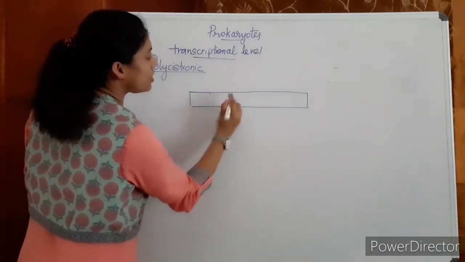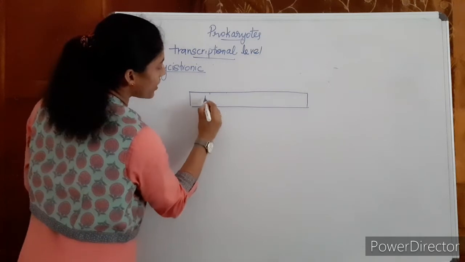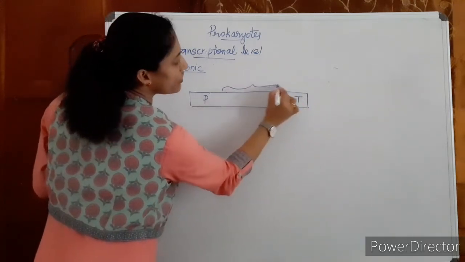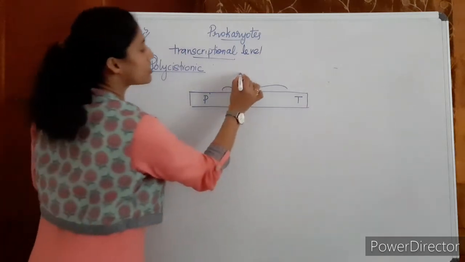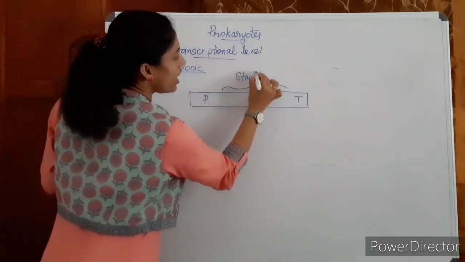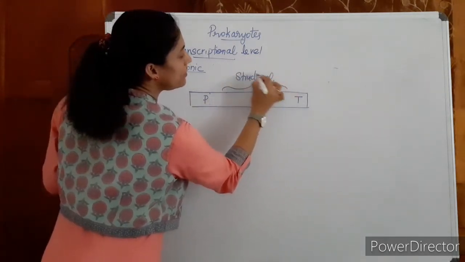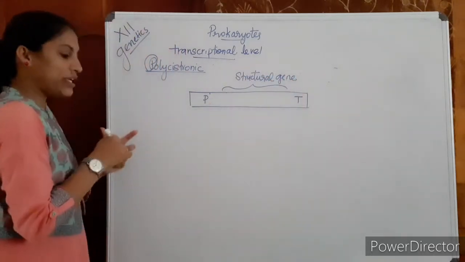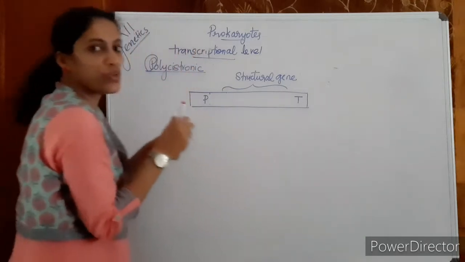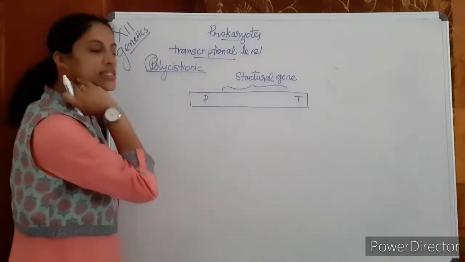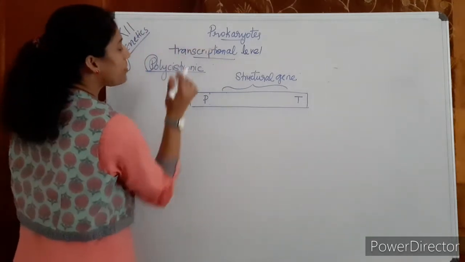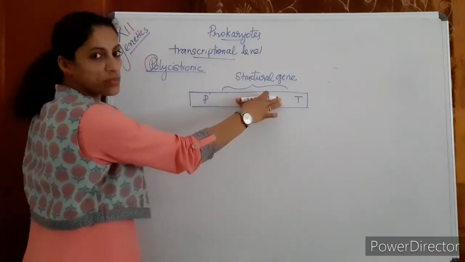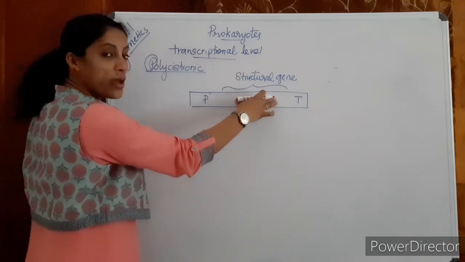This region is the promoter, this region is the terminator, and this region we call the structural gene, flanked in between. And in prokaryotes, being polycistronic means one transcription unit consists of many genes.